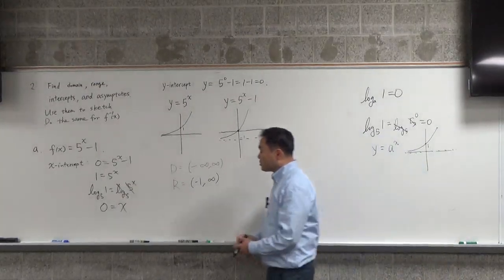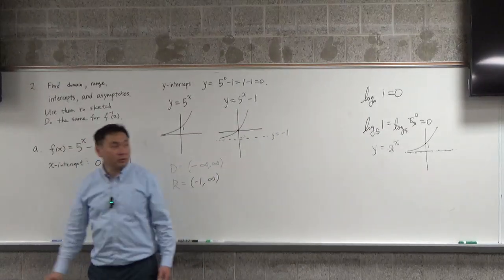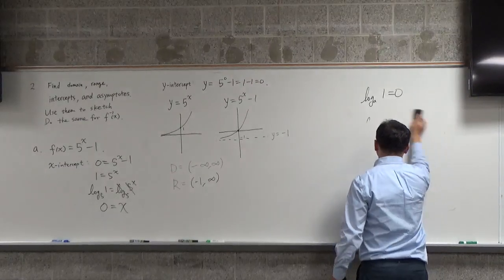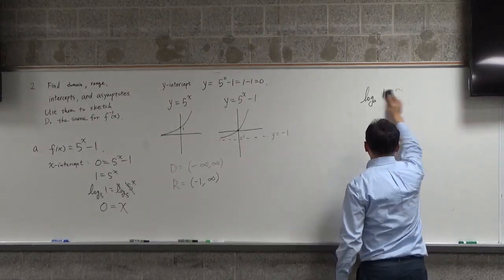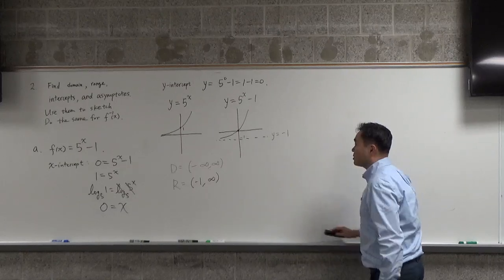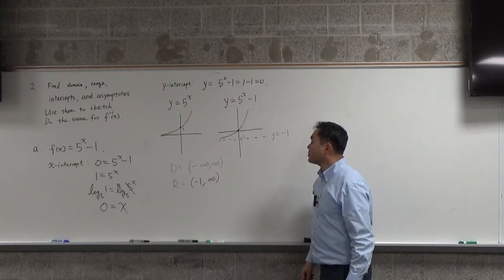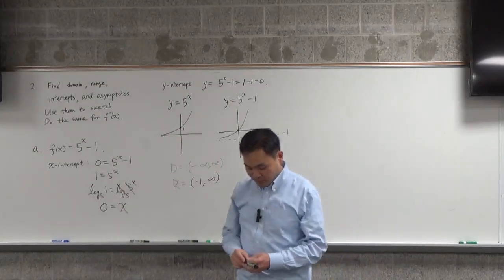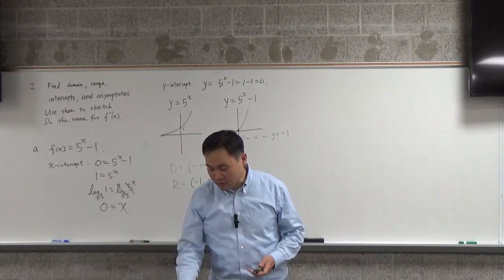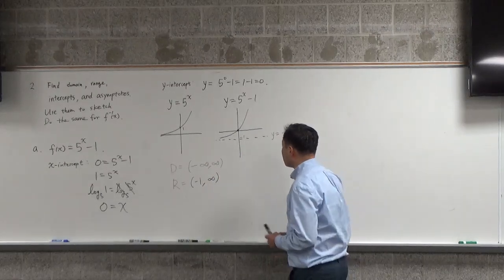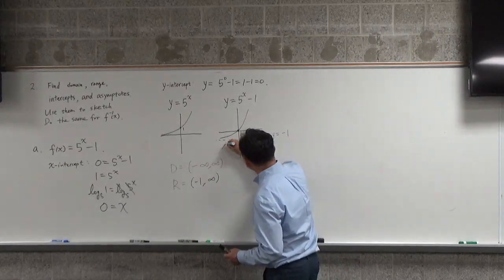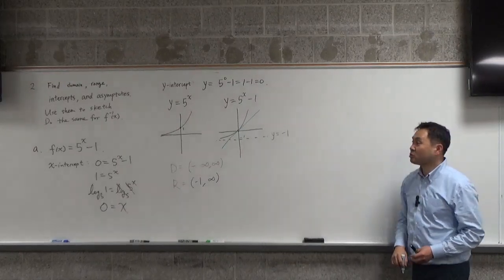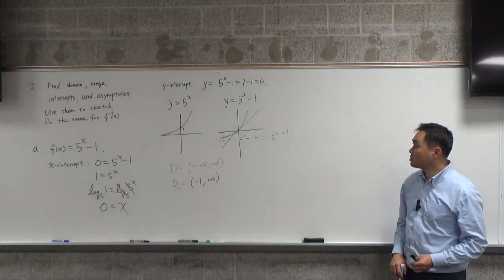Okay, now we have to do the same thing for the inverse function. But it's quicker to just graph the inverse function than to find the intercepts of the inverse function. So let's think about how to graph the inverse function. Okay, so here's y equals x. That's the diagonal.